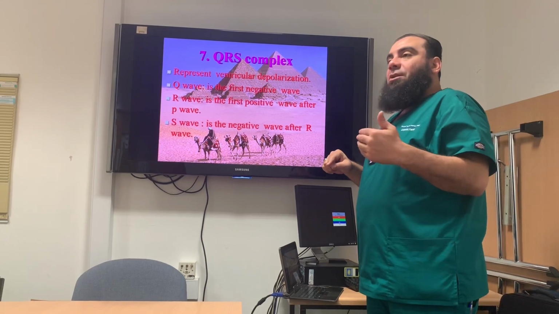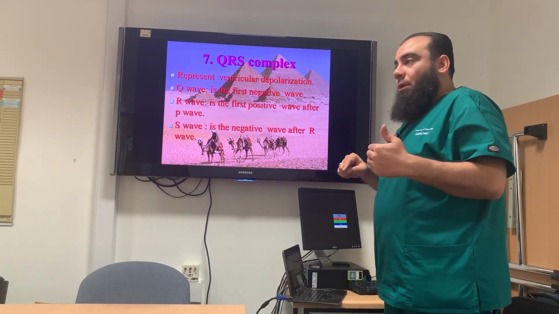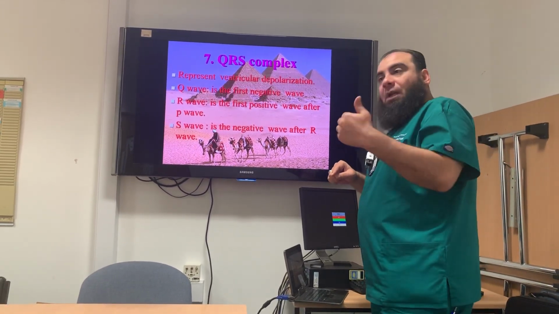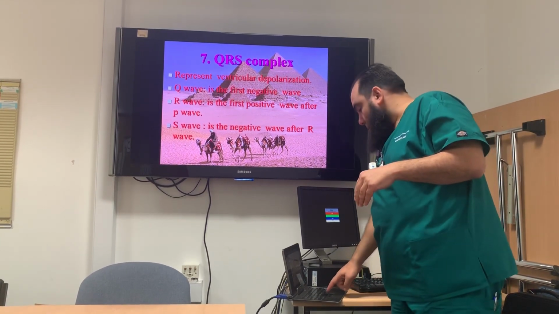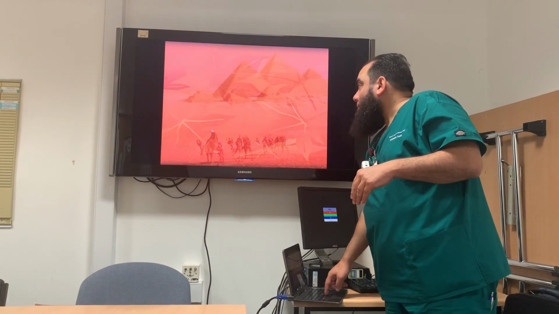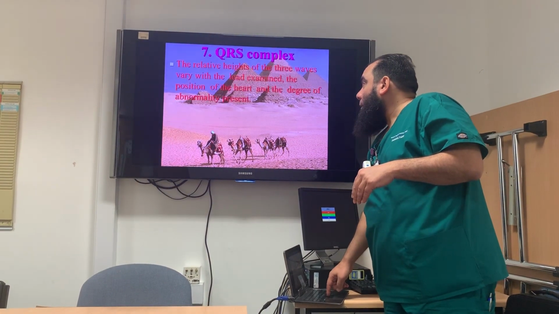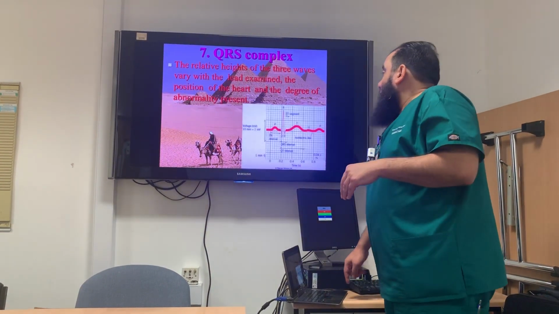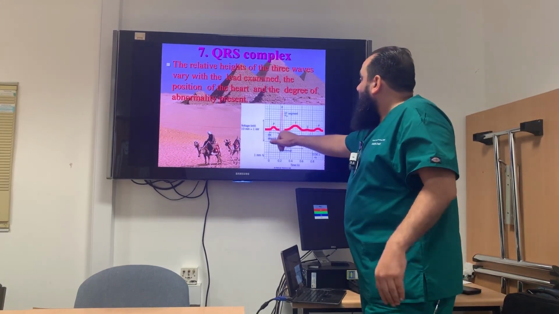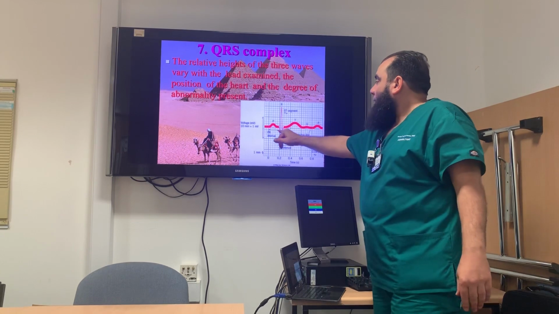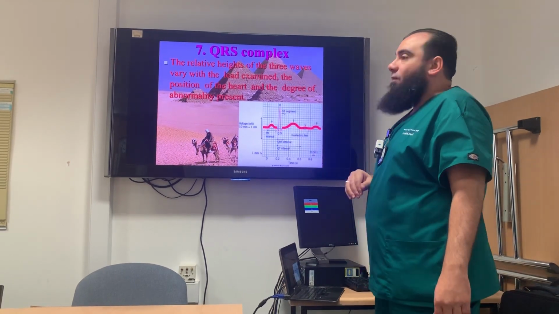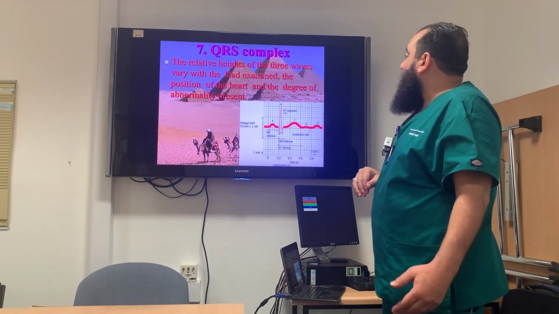So we sometimes expect two negatives, before R or after R. Before R is Q, after R is S. Okay? This is how it looks: the Q is the first one, S is the last one, and R is the only positive wave in between.